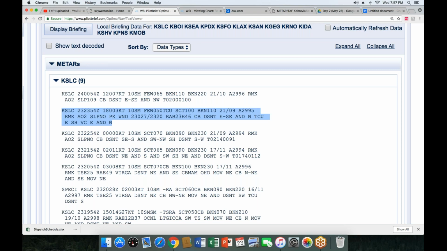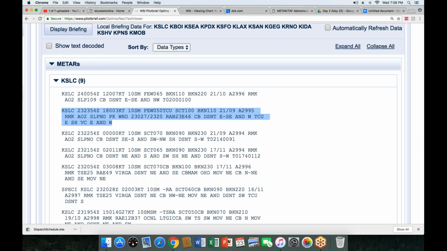So on the 23rd at 2354 Zulu, 180 at three nautical, oh my gosh, totally just went blank on that one. 3 nautical miles. 10,000, my gosh, hold on. 10,000 standard or 10 standard miles visibility.